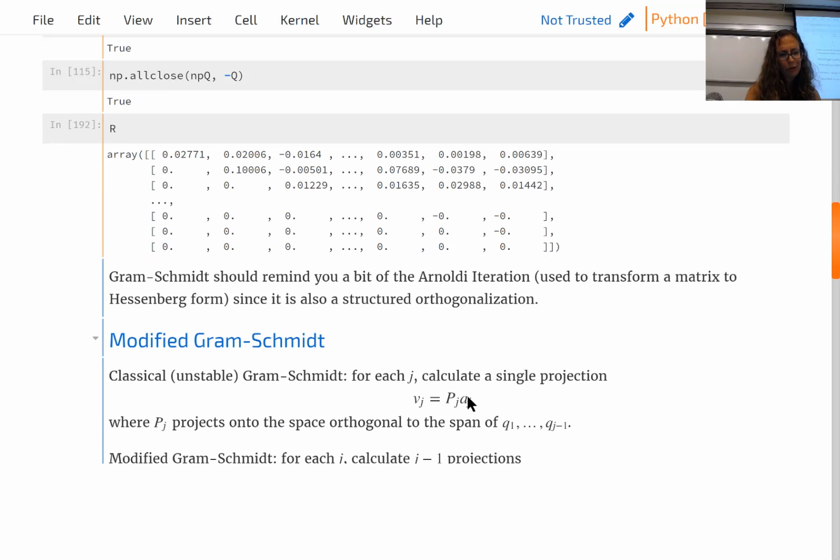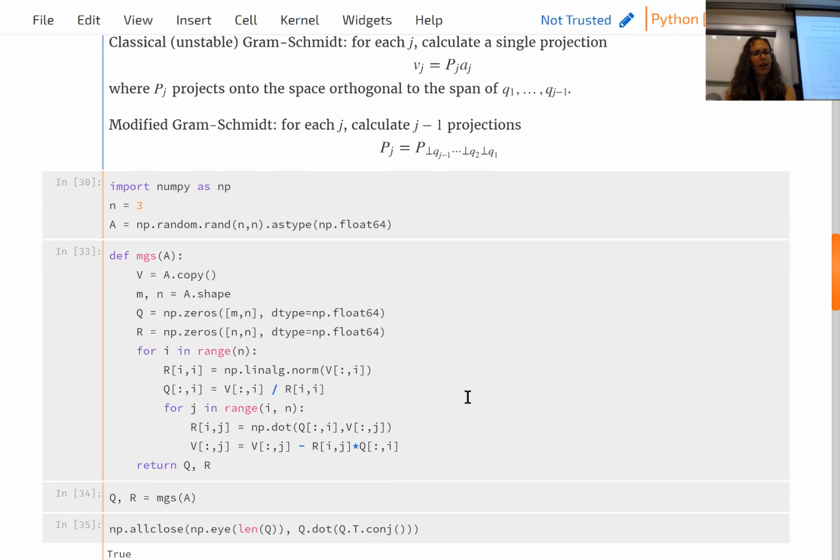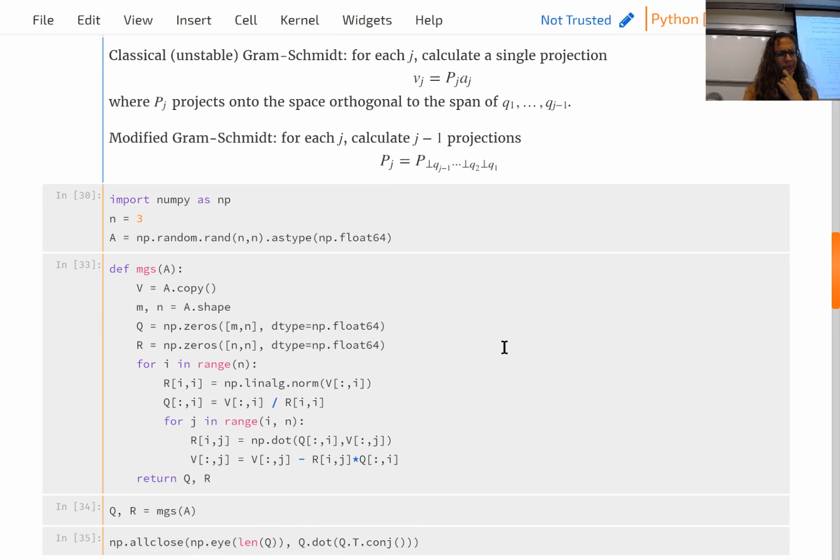Actually, I think what I showed you was really modified Gram-Schmidt, doing the projections separately. In some ways this is good, because modified Gram-Schmidt was actually used.